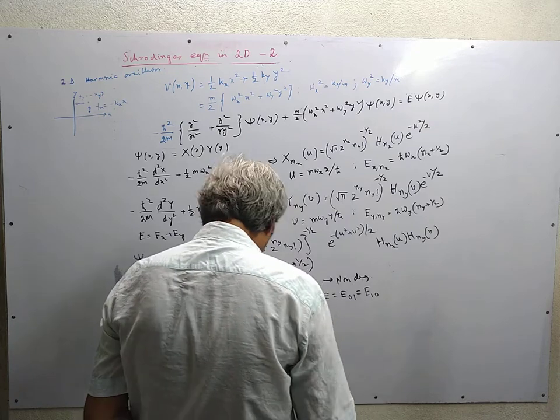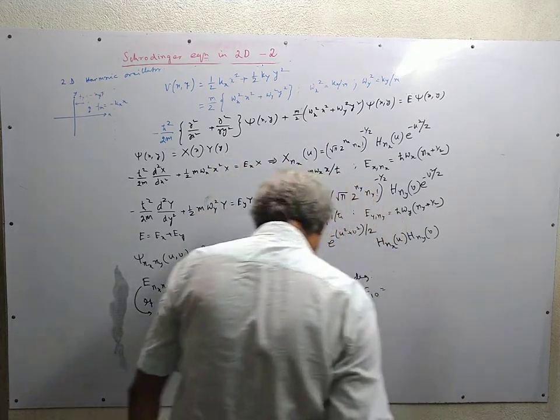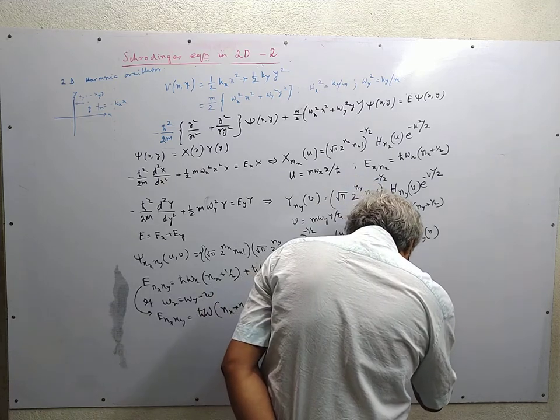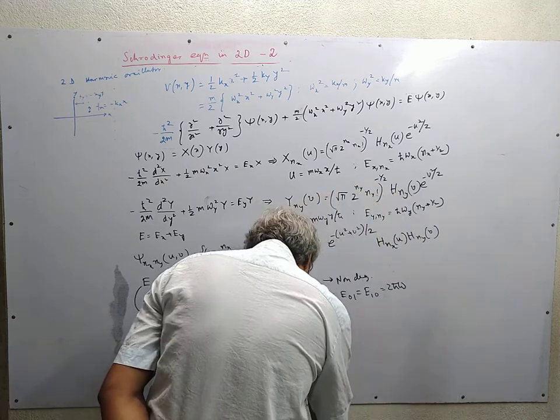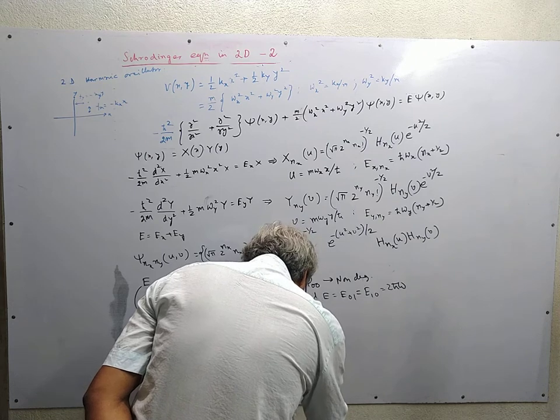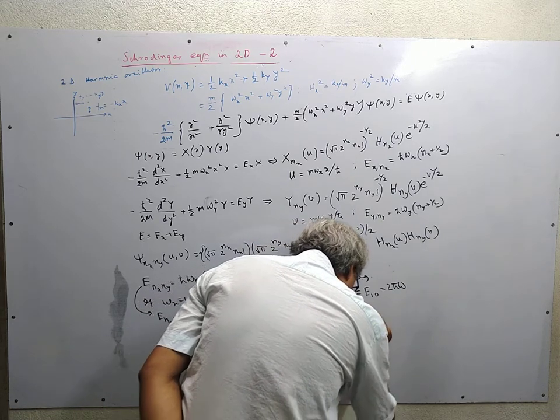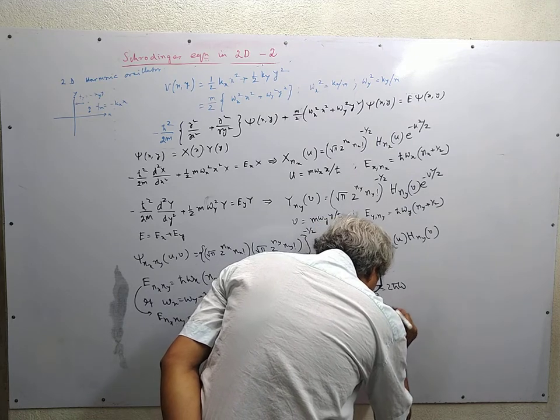So the energy is 2 h cross omega, and this corresponds to two states, psi 10 and psi 01, so a twofold degenerate state.